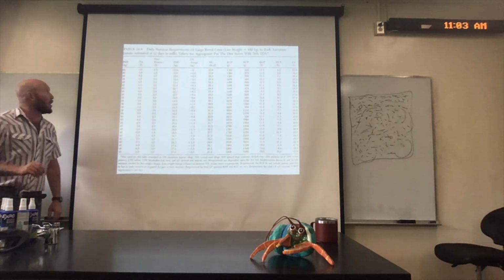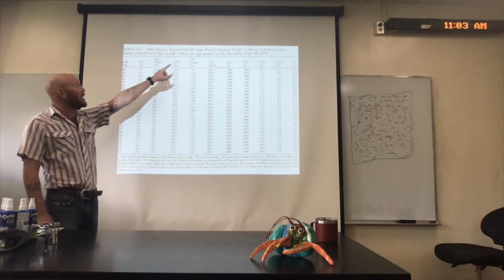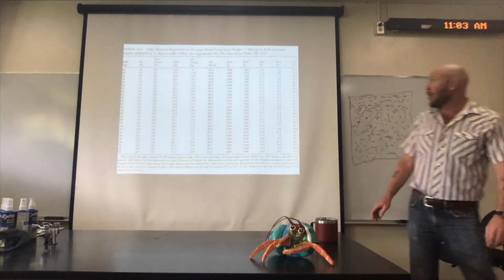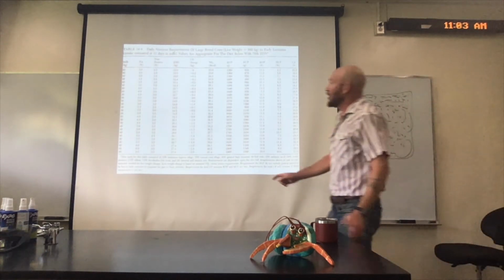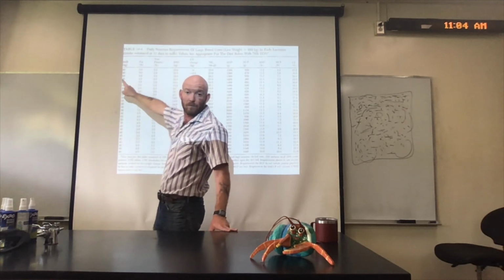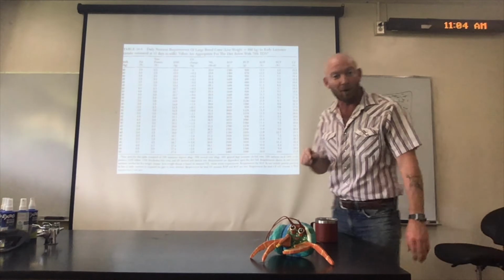Here's another one, similar, for large breed dairy animals. On this one we have the amount of milk we're shooting to produce per animal.